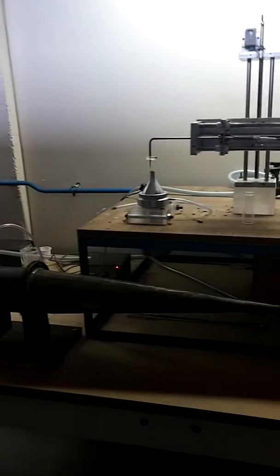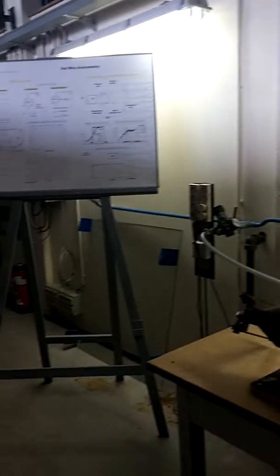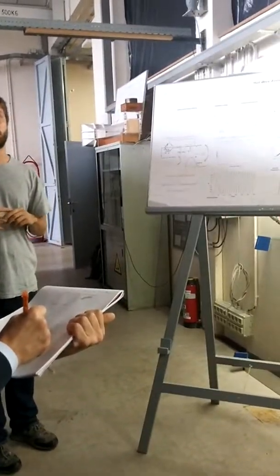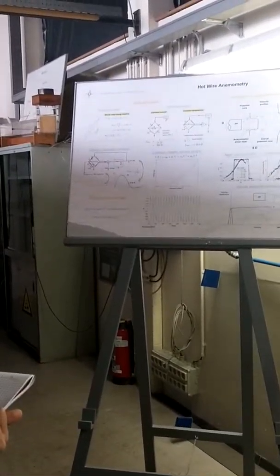The first thing you do when you get to the lab and work with a hot wire is the dynamical calibration. Why do you want to calibrate your instrument dynamically? For 2 main reasons. First of all, you need to know if what you want to see can be appreciated with the instrument you are using.